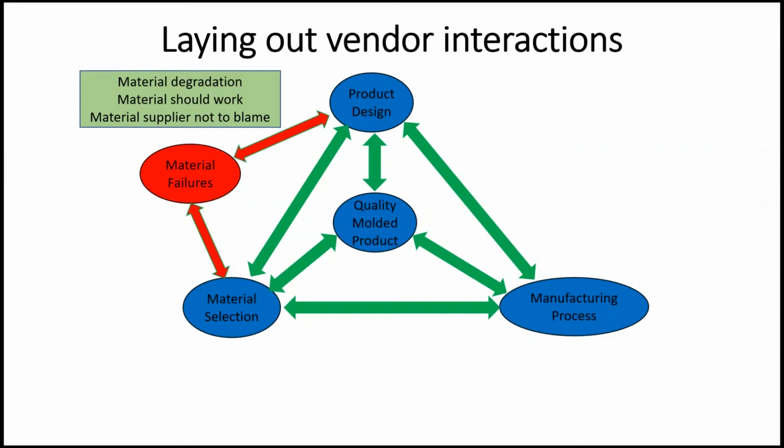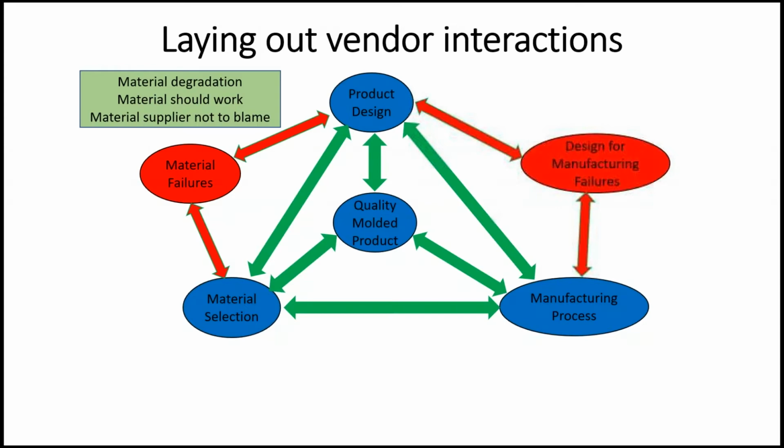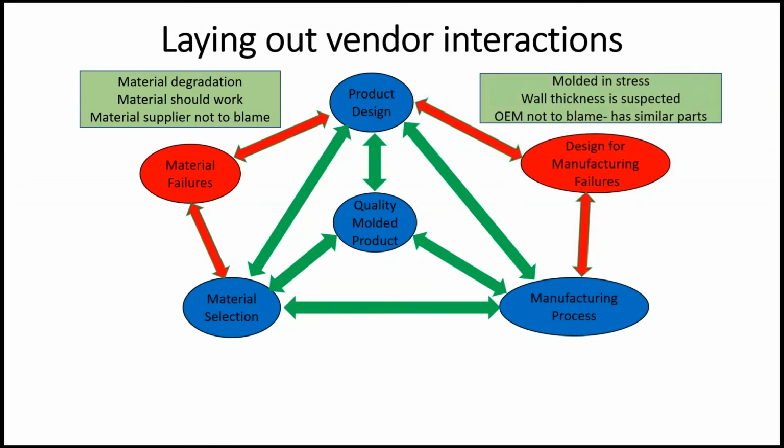Therefore, the material supplier is walking away thinking that if they would process it right, it wouldn't be the material. On the manufacturing side, they knew that there were stresses at the gate, and they suspected that the wall thickness was thin because of that, but the OEM knew that wall thickness worked for them in the past, so the product design shouldn't be to blame.